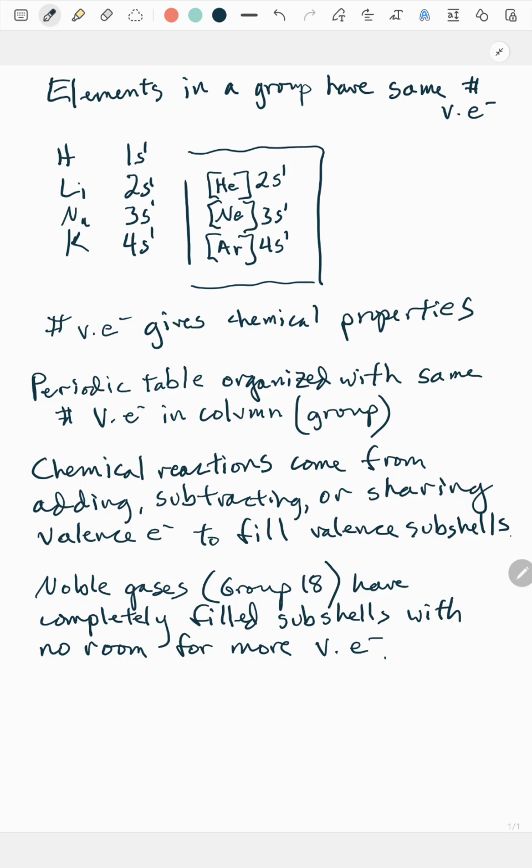It turns out that a completely filled subshell is sort of stable. So completing the noble gas configuration makes it very stable and unreactive.